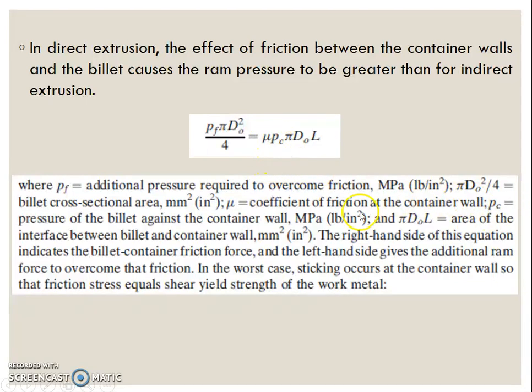PC is the pressure of the billet against the container wall, and pi d naught L is the area of the interface between billet and container wall. Usually the value for L will be given and you can calculate it. If you arrange this, you will be able to get the pressure for the direct extrusion.